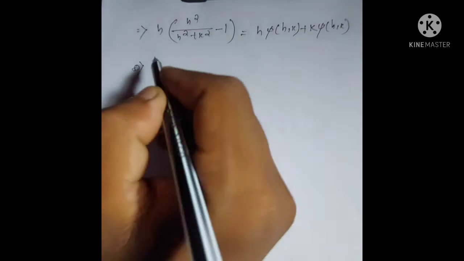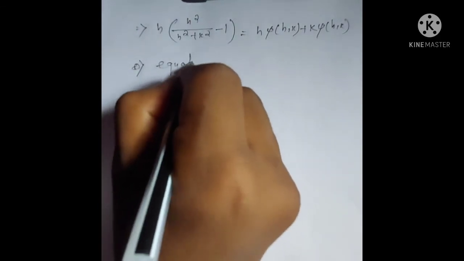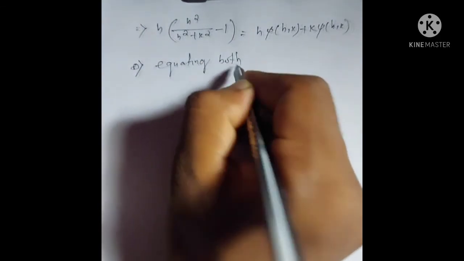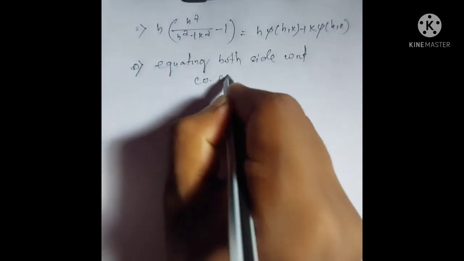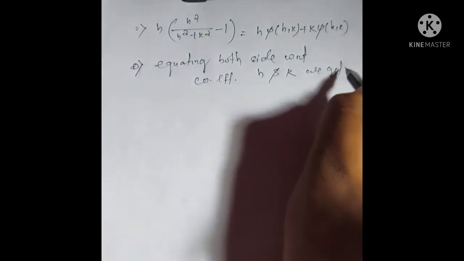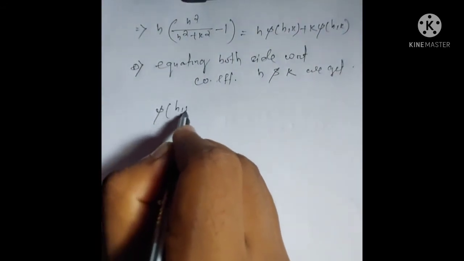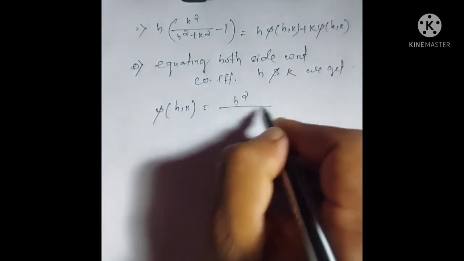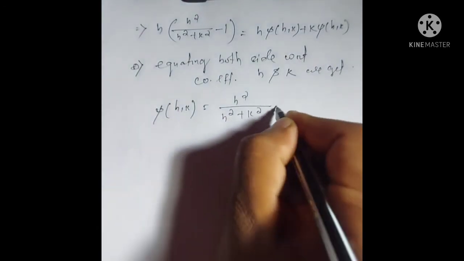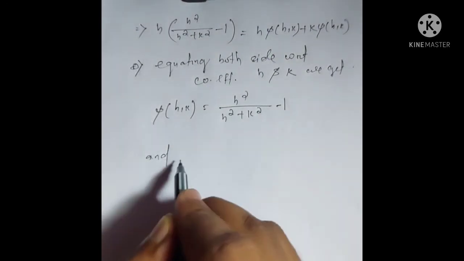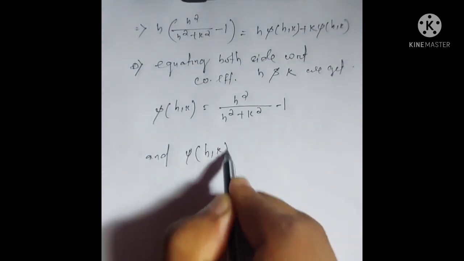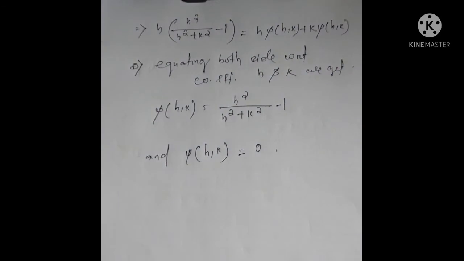Now equating both sides with respect to the coefficient of h and k, we get phi of hk is equal to h square by h square plus k square minus 1, and psi of hk is equal to 0.